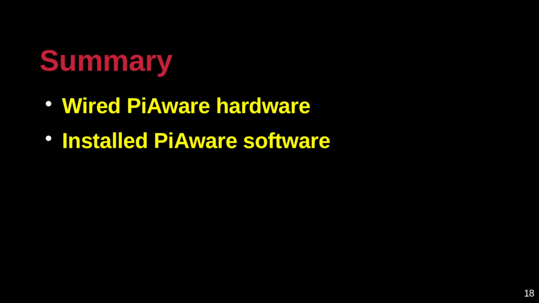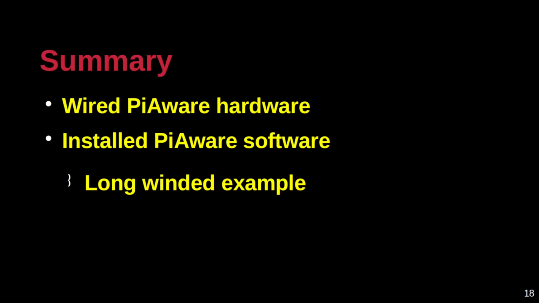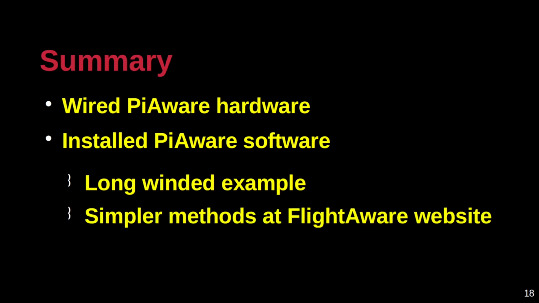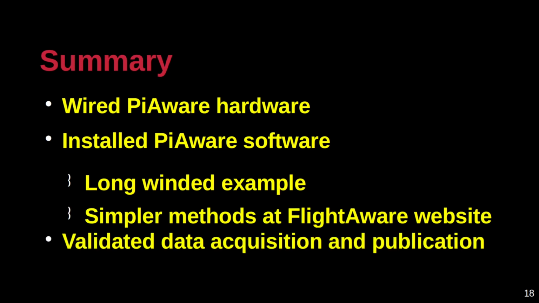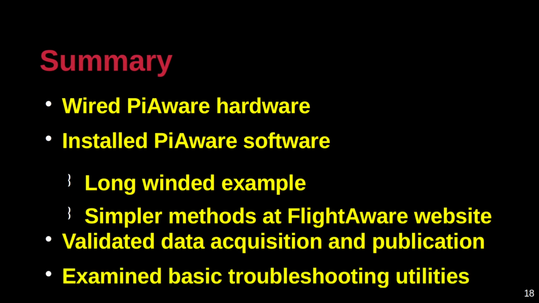This tutorial introduced PiAware for receiving data from flying aircraft and publishing it to FlightAware. The minimum hardware requirements were examined, the software was installed, the operations were validated, and some simple utilities to check on the services were illustrated. There are much simpler installation steps to get started with PiAware.